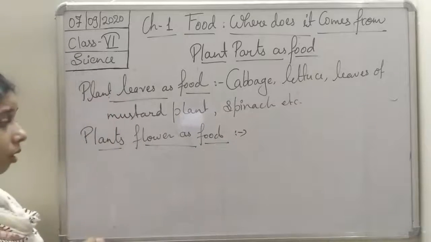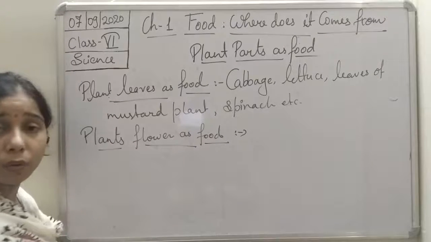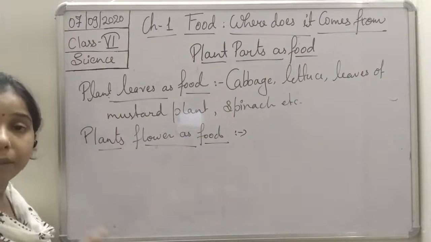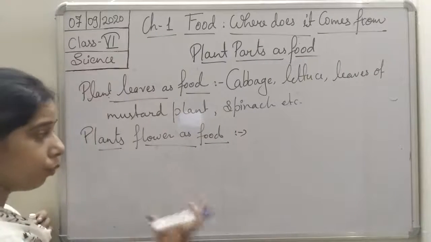Flower as a food. So here again, student, these are the flower part of the plant which can be eaten. We call it a flower, the parts of the flower, that is a food only.